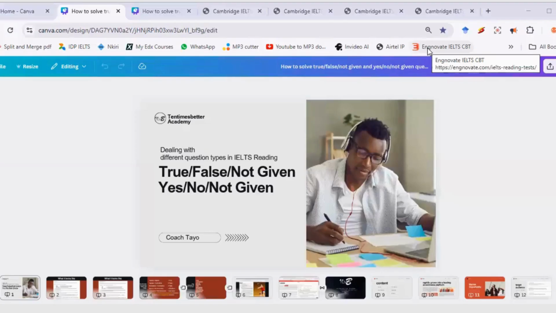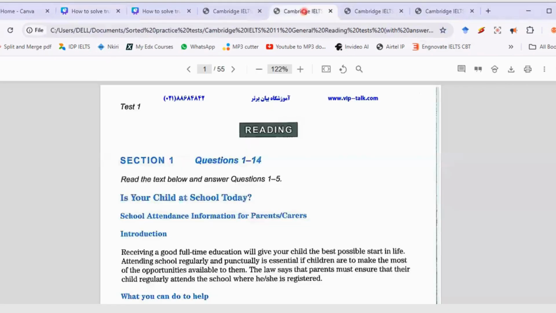If I notice that somebody is struggling with IELTS reading, especially with true false not given questions, one of the things I would recommend is that the person should go and practice with IELTS General. Let's assume that the person is taking IELTS Academic and is struggling with true false not given questions.